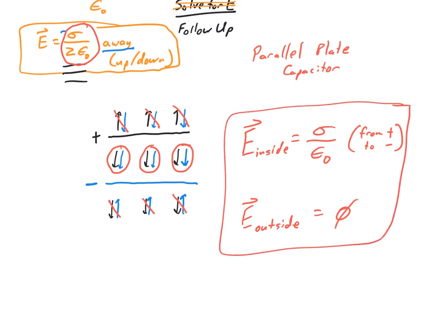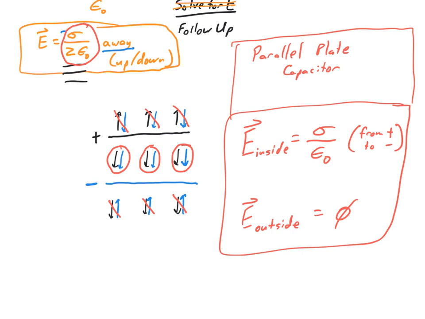Okay? Just to clarify, that's a bunch of results really quick. The red results are for a parallel plate capacitor, which is 2 very large sheets of opposite charges, equal and opposite charges.